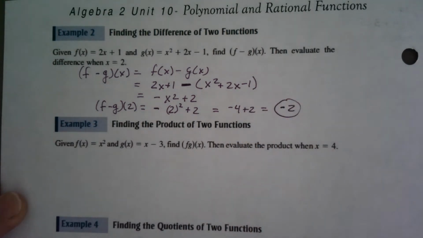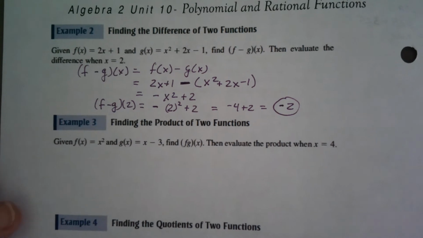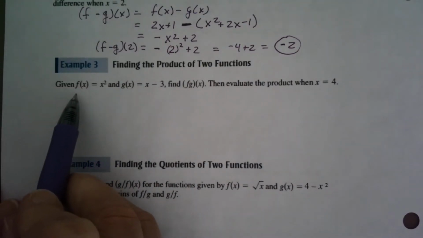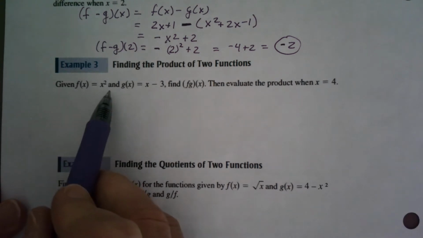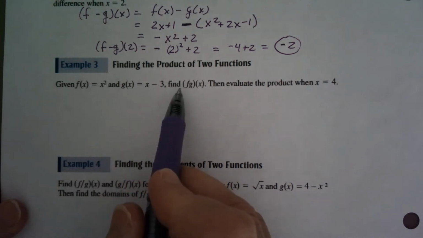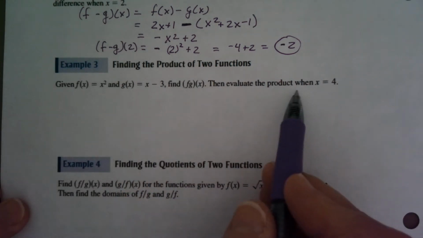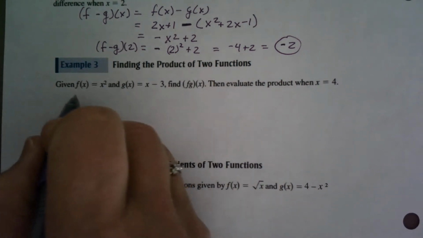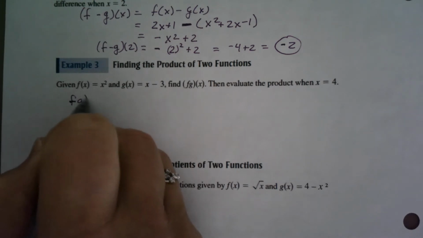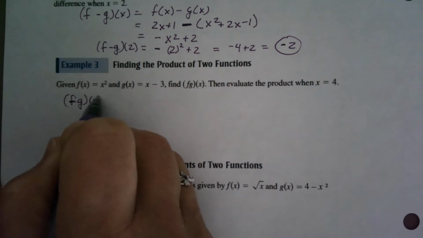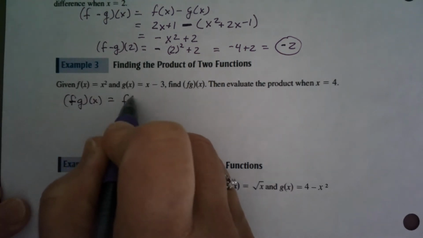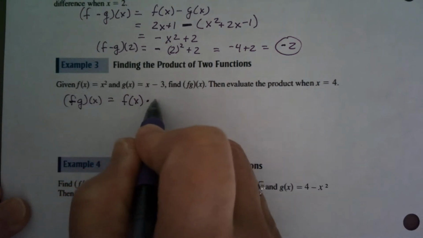Finding the product. F of x equals x squared, and g of x is now x minus 3. Find fg of x, then evaluate the product when x equals 4. fg of x is equal to f of x times g of x.